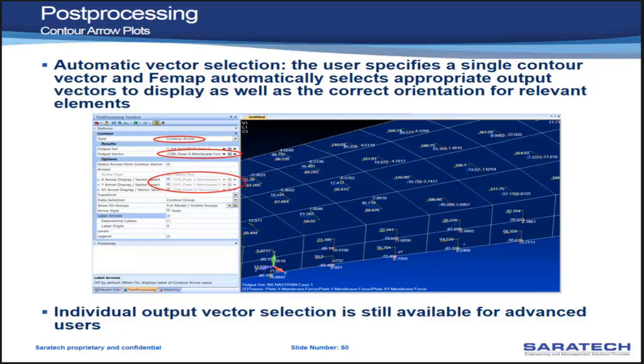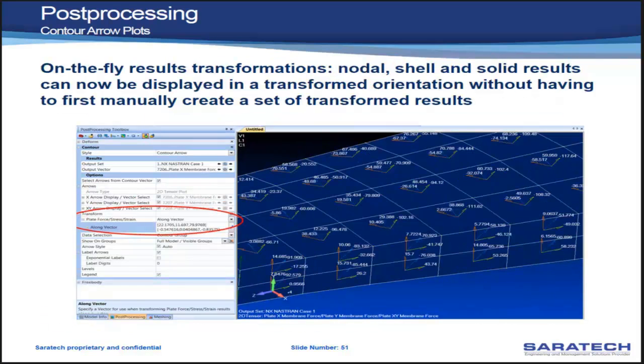It allows for automatic vector selection, so basically the user will specify a single contour vector and Femap will automatically select appropriate output vectors to display, as well as the correct orientation for relevant elements. You can see that your contour arrows will look something like this on the screen, and it's useful to show on-the-fly transformations, and this is for nodal, shell, and solid results.